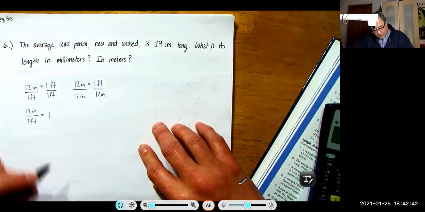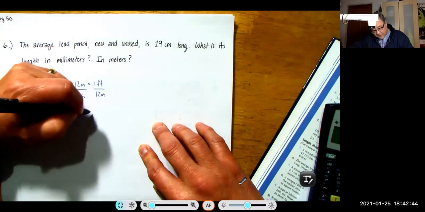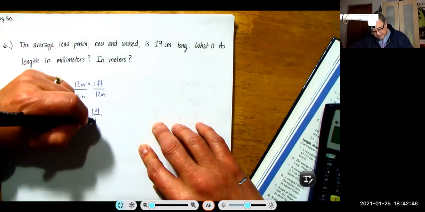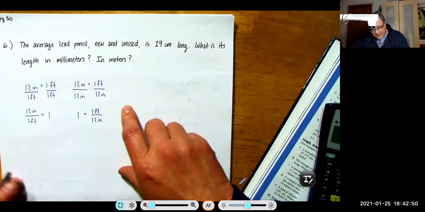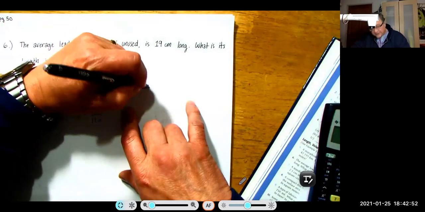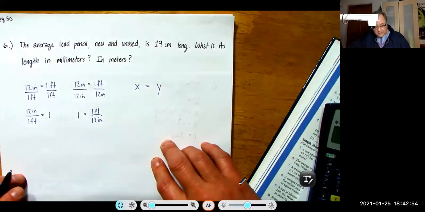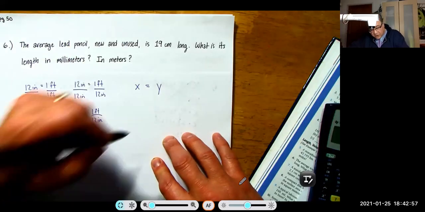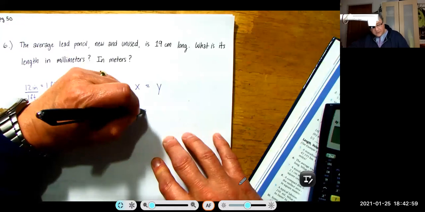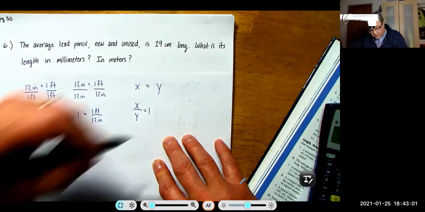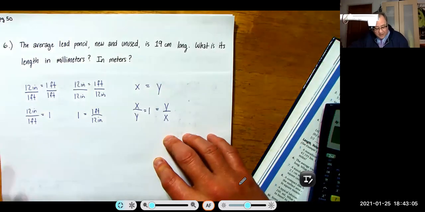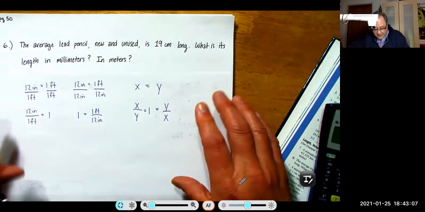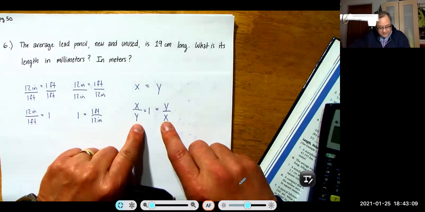And in this case, I get 1 is equal to 1 foot over 12 inches. So if you have any equality like x is equal to y, you can write x over y is equal to 1, but you can also write y over x is equal to 1. So that's the first thing you need to know about conversion factors. These are what I call conversion factors.